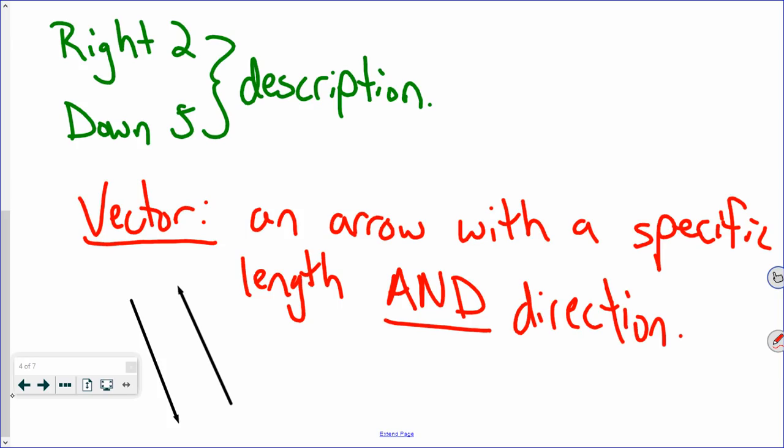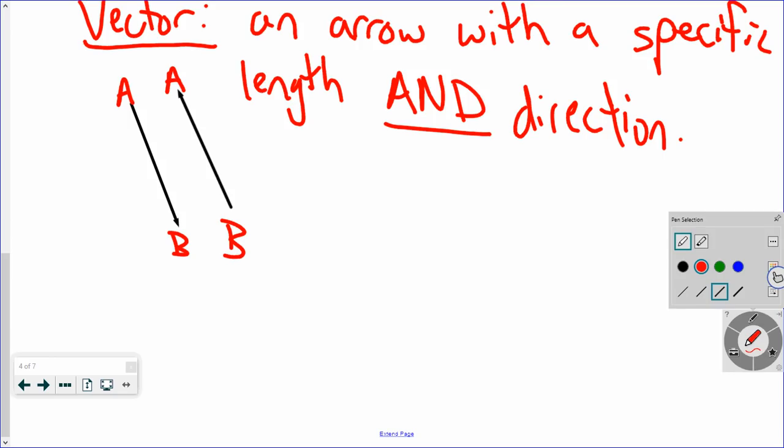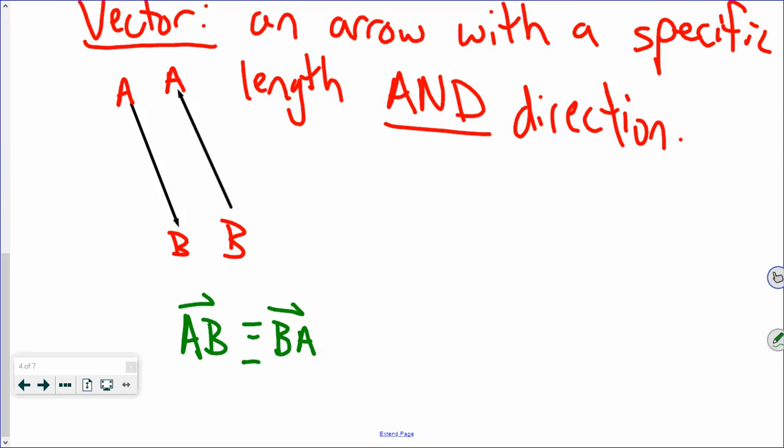So we can look at the example here with these two vectors. So let's say this is A, and B. Is this true? And we'll go over this together as a class. Is the vector AB, and we use a symbol of a half arrow, equal to vector BA? And again, we'll go over this as a class.